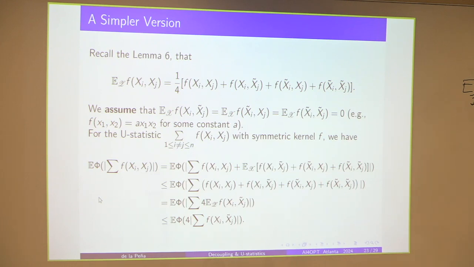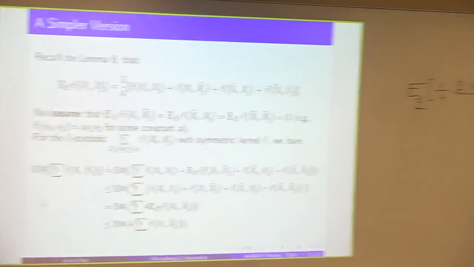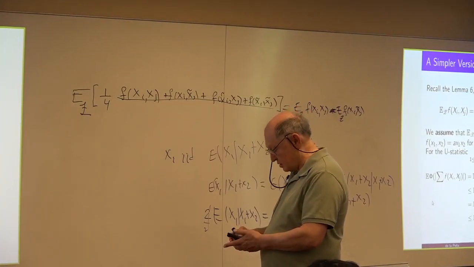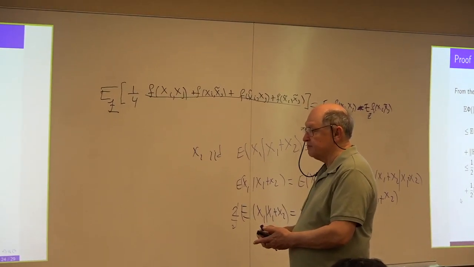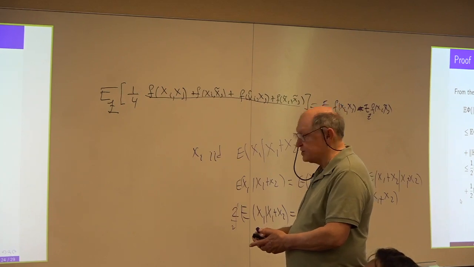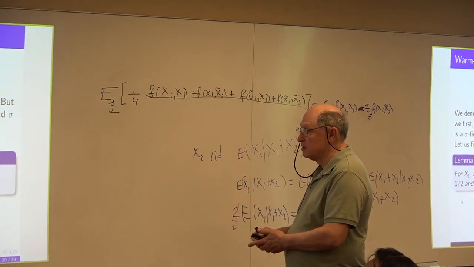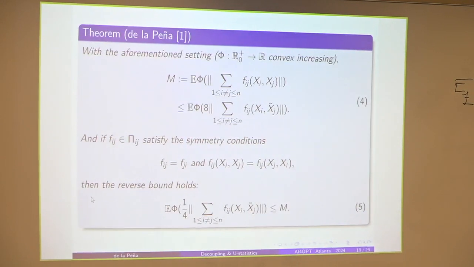Okay, so let's see. That's why I'm showing you the next result. The result is actually this one. This is what we started with, that the decoupling happens with a constant of 8.